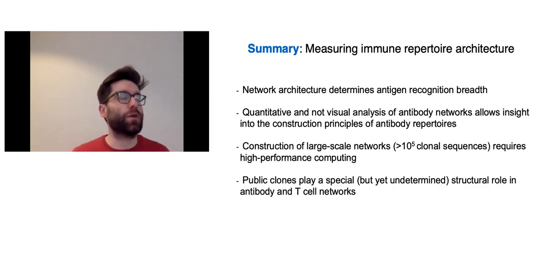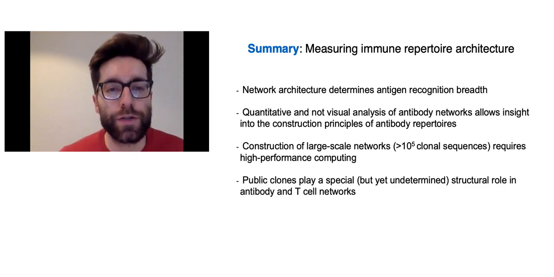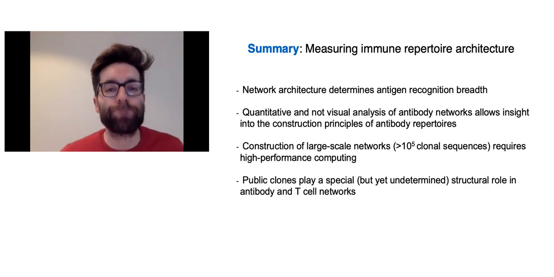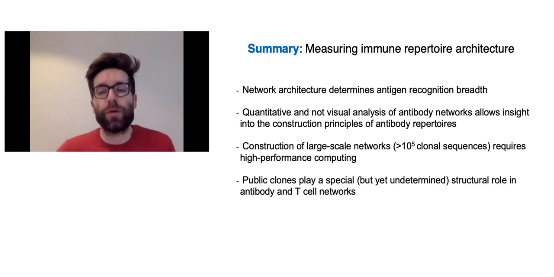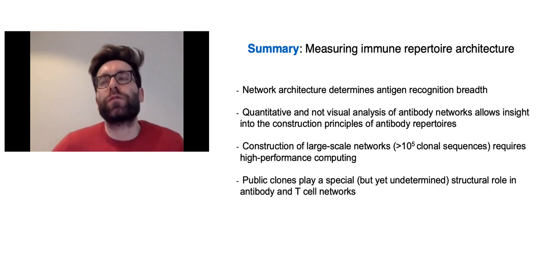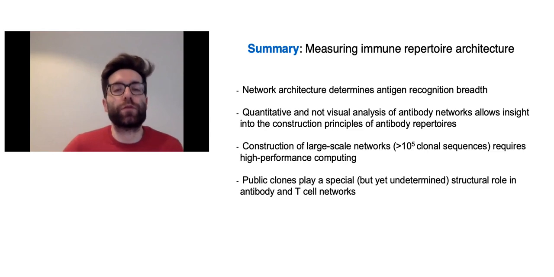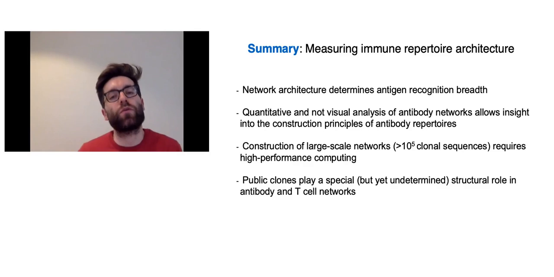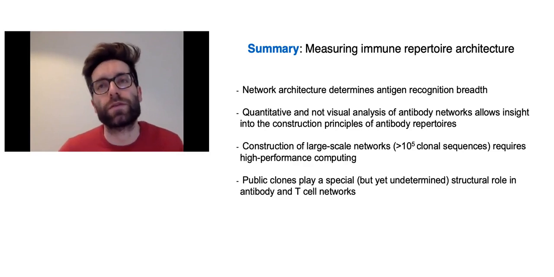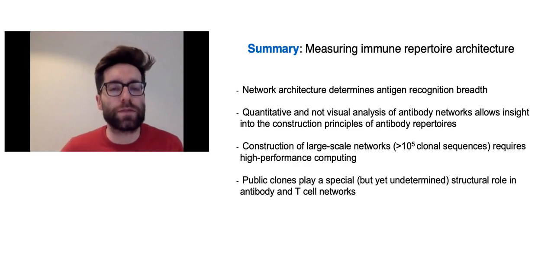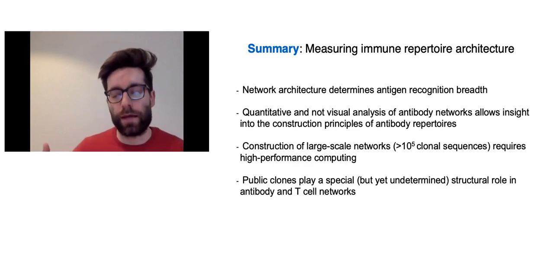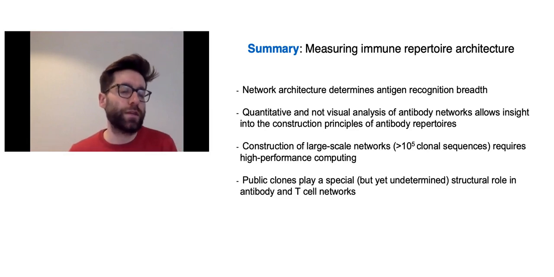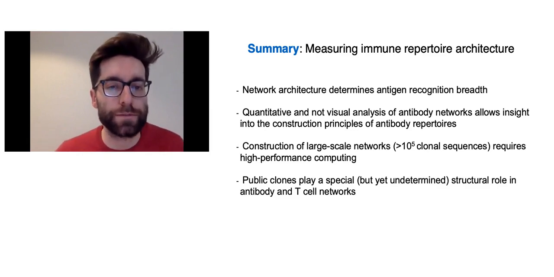So that was all about network architecture, which can be used to determine antigen recognition breadth if you, for example, link all the sequences that differ by one amino acid. This is also something I didn't say: most of the networks, or all of the networks, are based on amino acid sequence, since you really want to look at antigen binding. That is not to say that you could not also do it with nucleotide sequences.